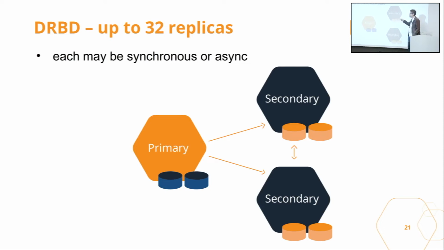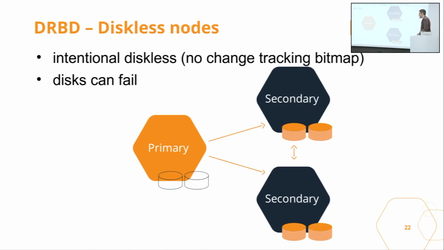For a long time, it used to be a two-node technology. That's over. Since DRBD 9, it's a many-node technology. So you can replicate from one primary to multiple secondaries concurrently, and you can switch these replication links from synchronous to asynchronous operation at runtime. Since we do multiple volumes, we have the support for intentional diskless nodes. So this is a complicated word in the DRBD lingo.